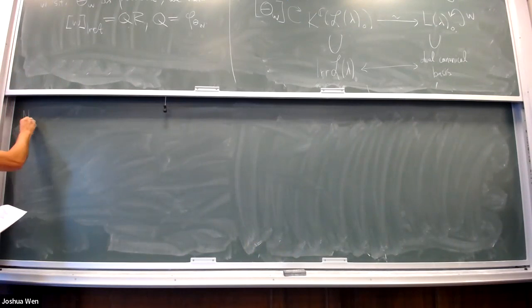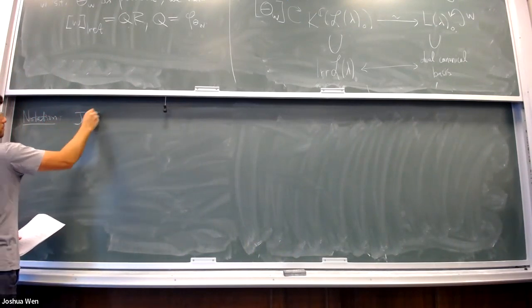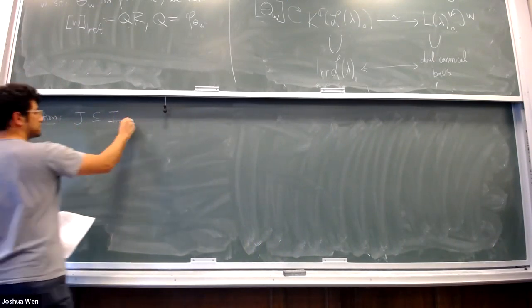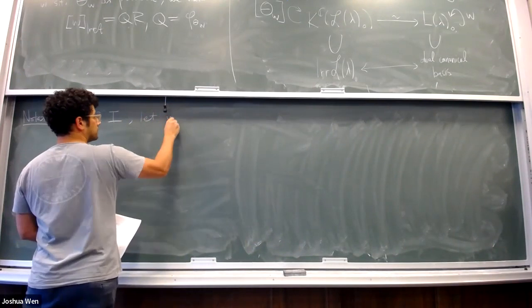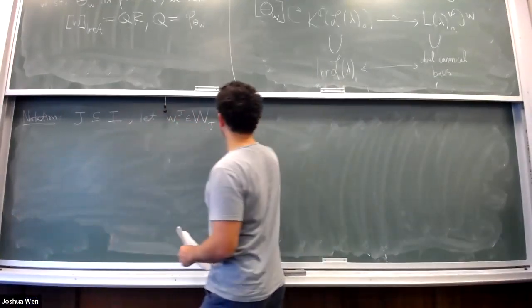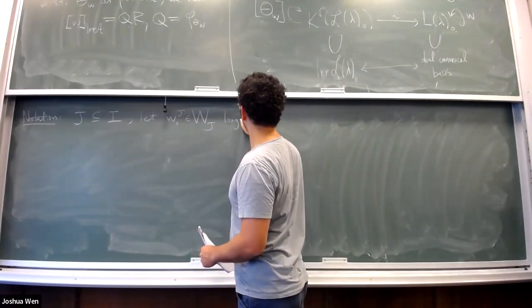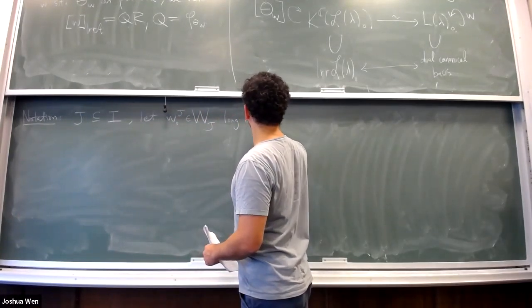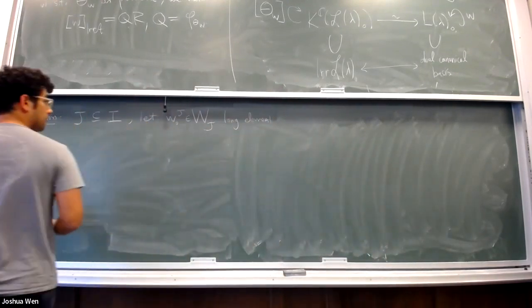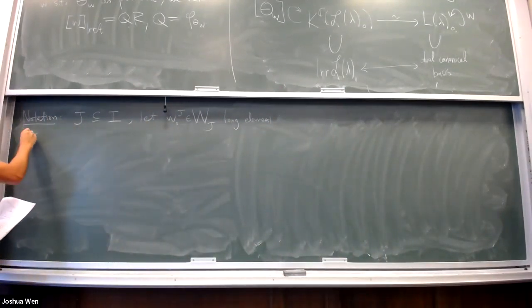So just some notation. Remember, I have my Dynkin diagram I, and if I take a subdiagram J in I, let W not upper J be the longest element in the corresponding parabolic subgroup. Then here's a theorem.